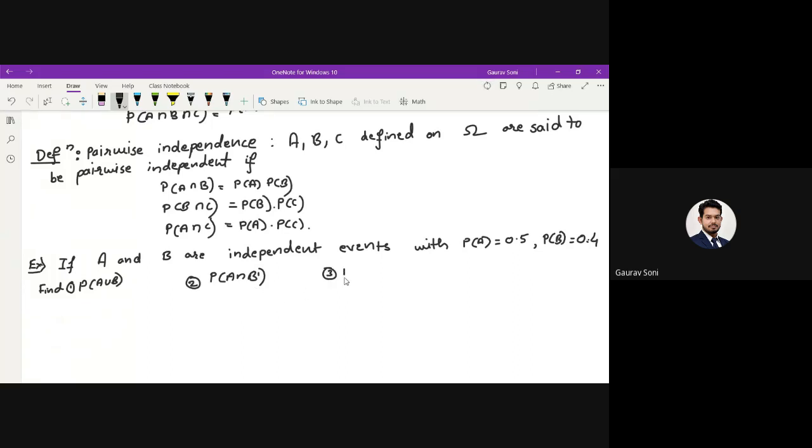Third, probability of A complement intersection B. And fourth, probability of A complement intersection B complement.